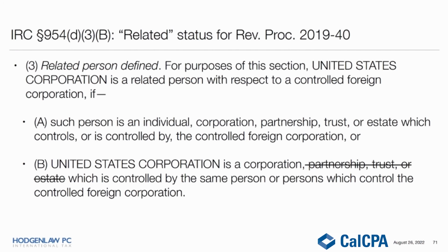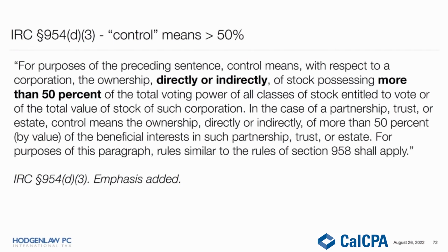That's the foreign corporation. If such person is, ignore (A), if the United States corporation is a corporation, and it is, which is controlled by the same person, the non-resident alien, which controls the controlled foreign corporation. So this entity, the U.S. corporation in my little example, is related to the foreign corporation. Control means greater than 50%.